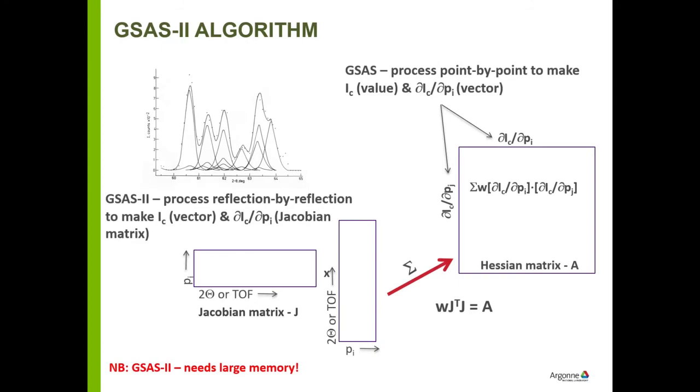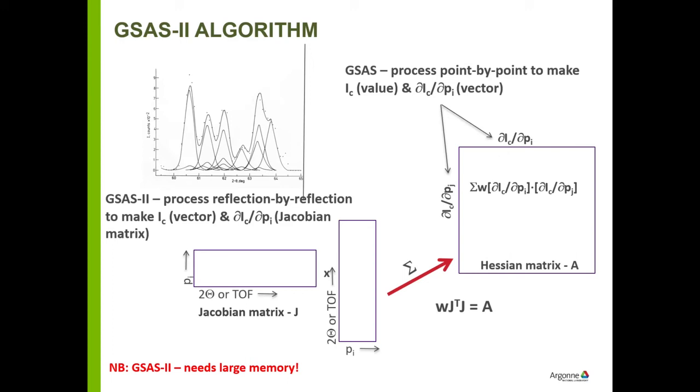All right. So the algorithms in various Rietveld refinement programs are different depending on which one it is. In the old GSAS and the old Rietveld program, it basically did it point by point. So I'm going to show you, if you watch this figure here, it processes it point by point, crossing through the pattern one by one with a whole series of nested do loops.